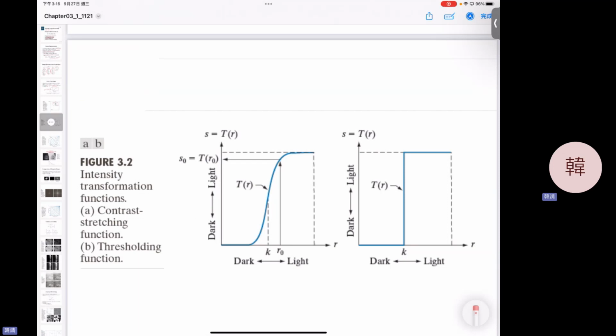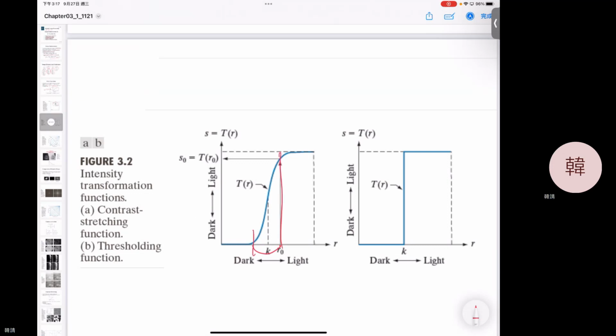If your image looks gray and shaded, not clear, and the intensity levels focus on a specific range, for example, this range here, only a small part of your gray levels, then the image will be very blurred, not highly contrasted. It's focused on only one gray level range.